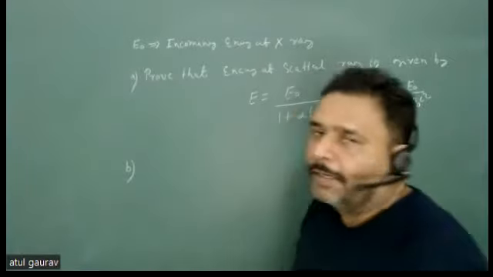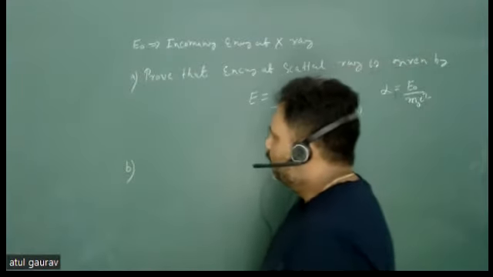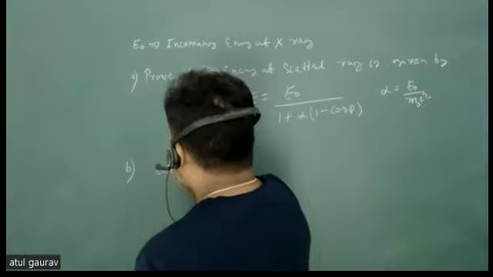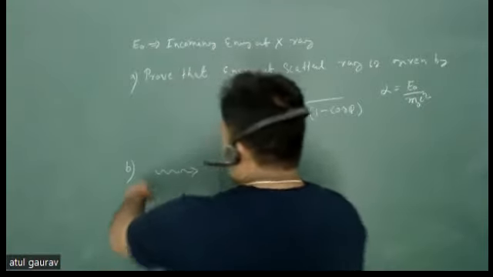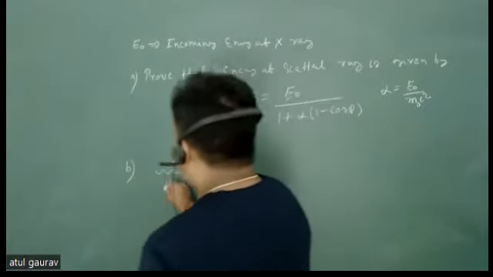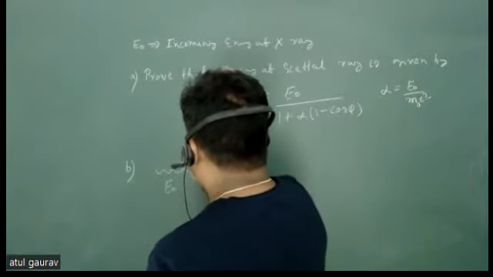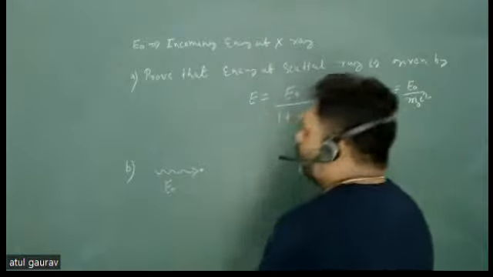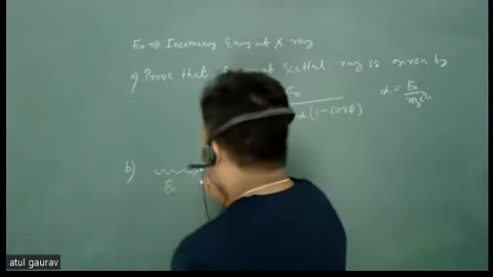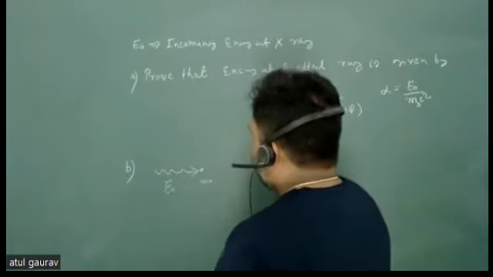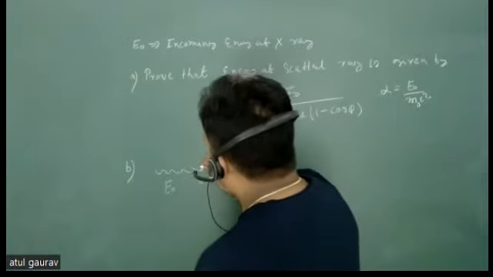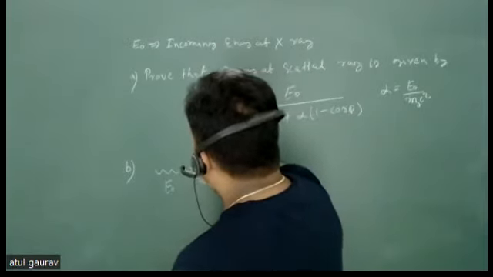And what is this B part of the problem? There is incoming radiation with energy E naught. It will strike a free electron of mass m naught and be scattered at a 90-degree angle.